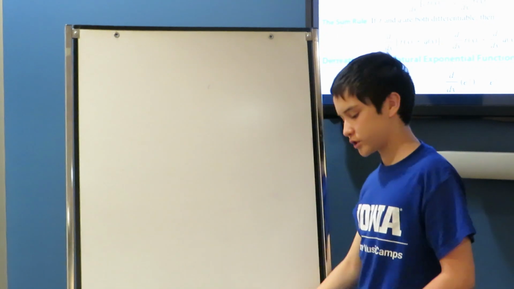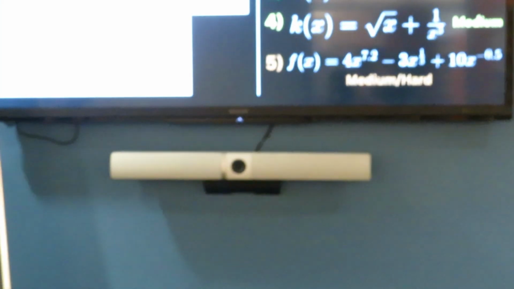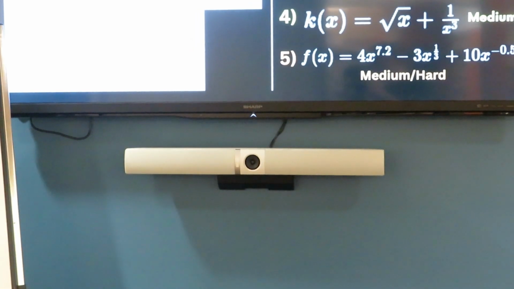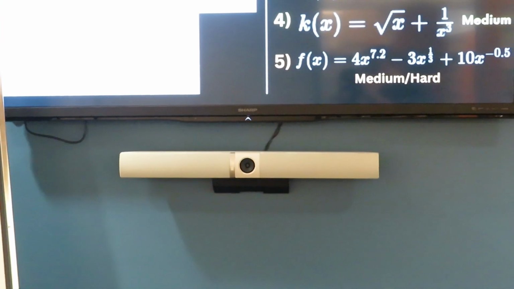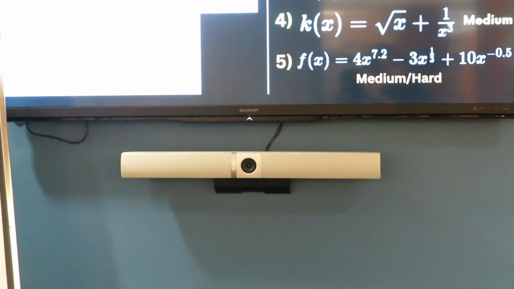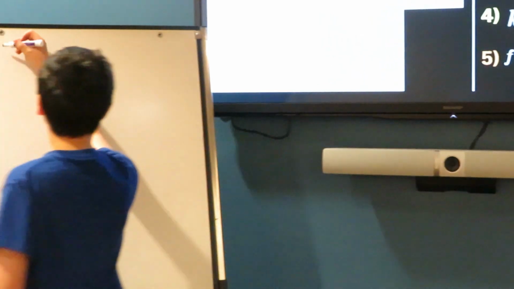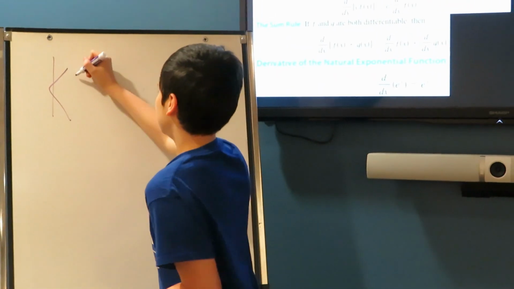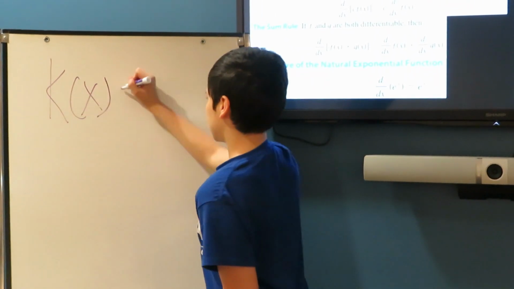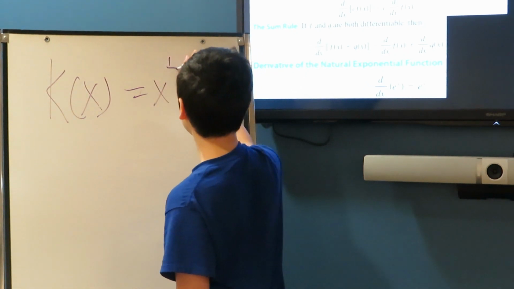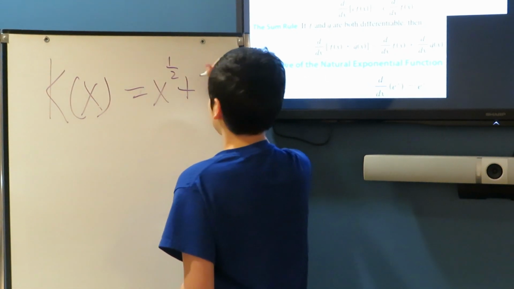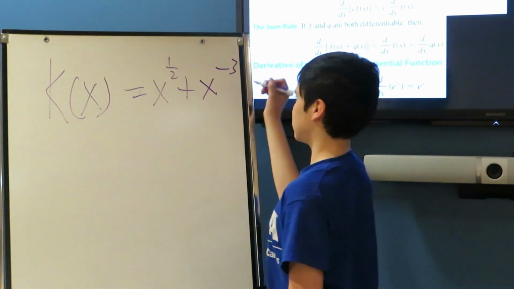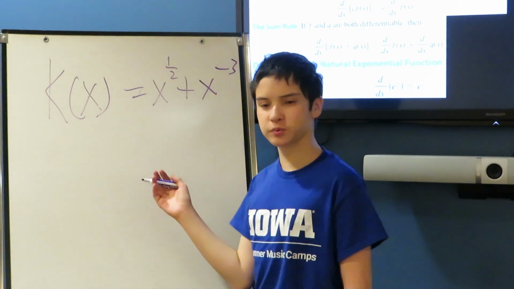Okay, for the fourth question, you can't really see an exponent in the question. However, if you rewrite it using properties of fractions and radicals, you get... so now we have our exponents.